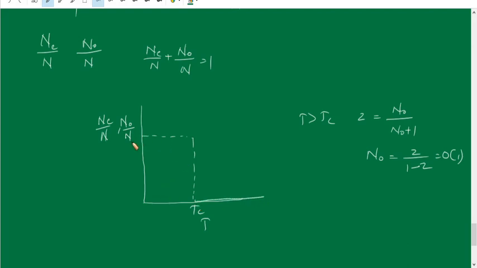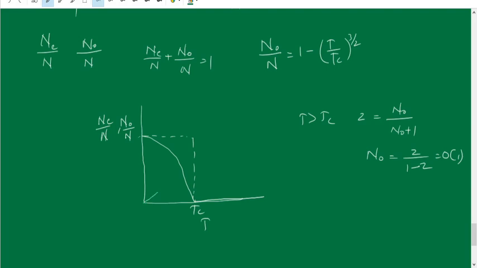When T equals 0, n0 by n is 1 minus t by tc whole raised to 3 by 2. So at T equal to 0, this will be 1. Now what happens to the complementary fraction?